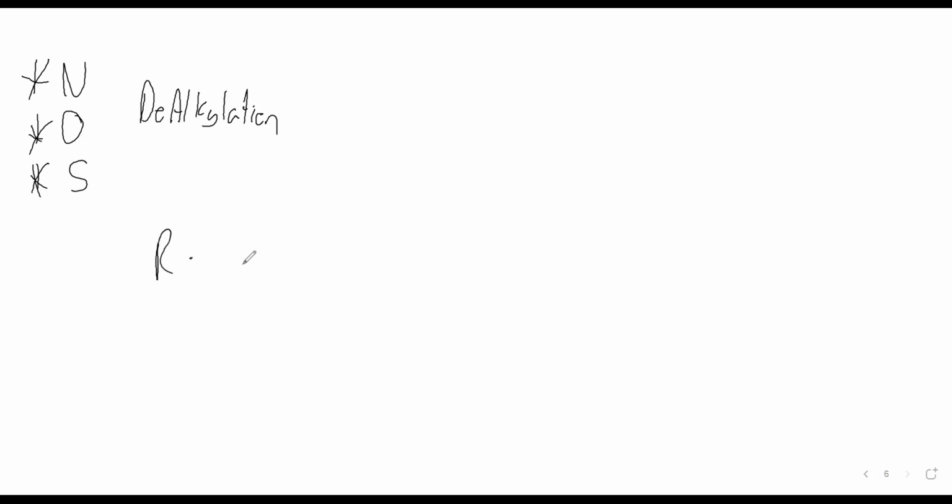Next up, I am going to put three together, and I think it's going to be beneficial because they are all very similar. So here we've got N, O, and S dealkylation. With this, we've got a structure, our group of choice.